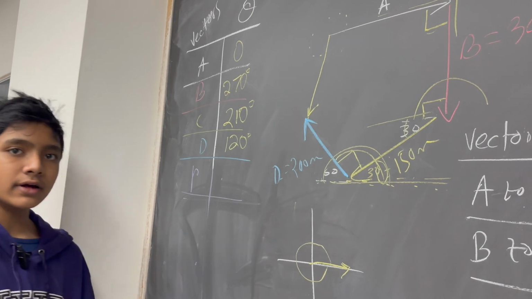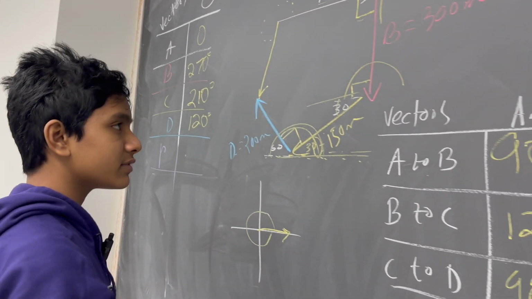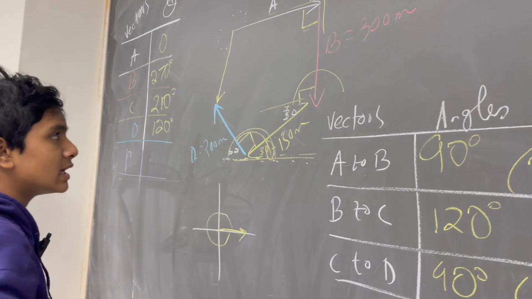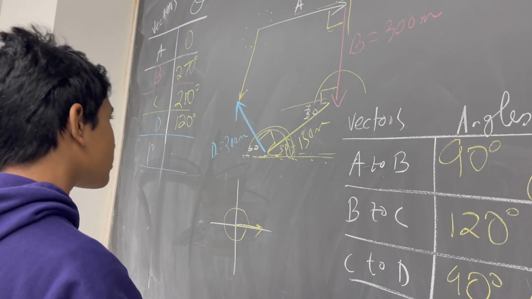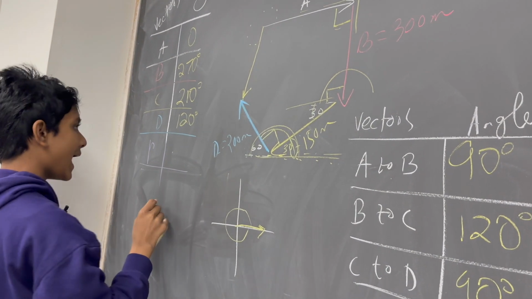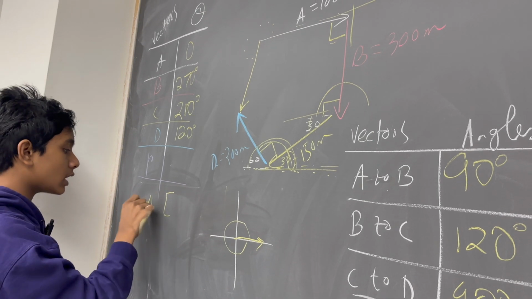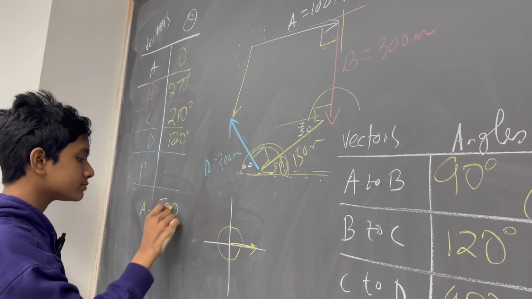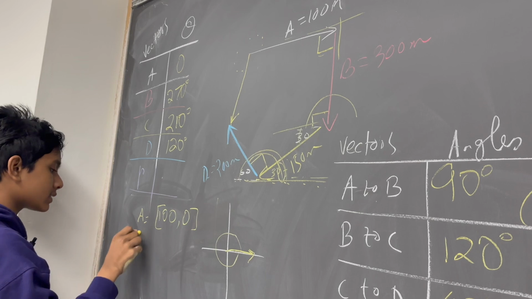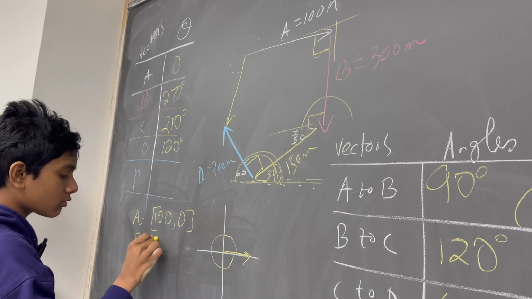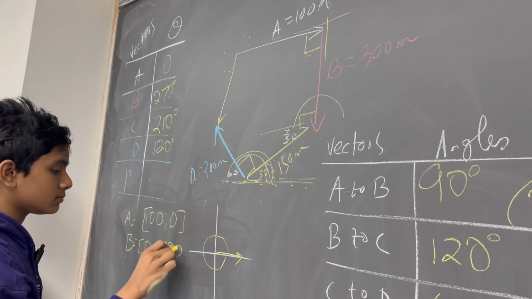Now, to find the resultant, first we have to take the sum of all of these vectors. That's what's going to get us the resultant vector in the first place. So A is, of course, 100 comma 0, since it's parallel to the x-axis. B is 0 comma minus 300.